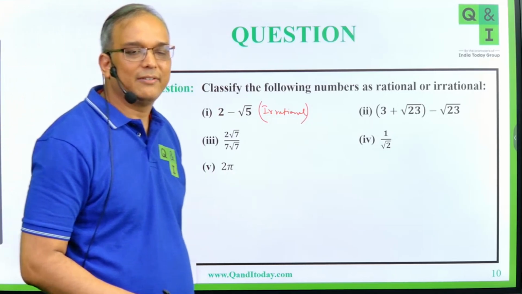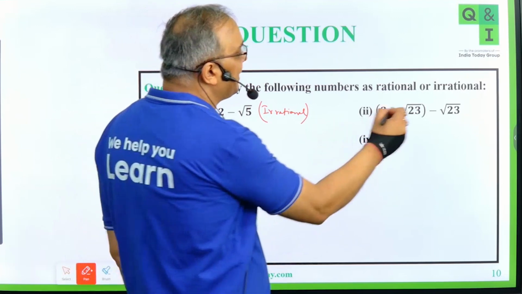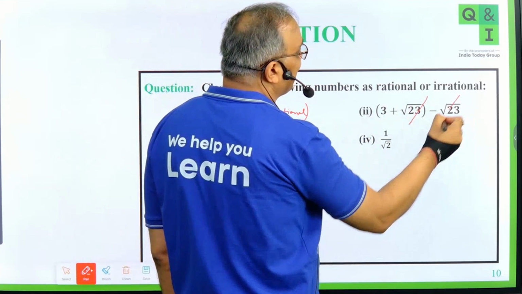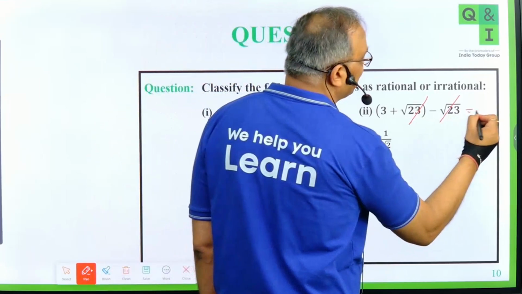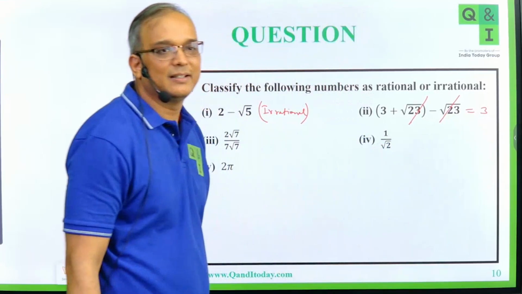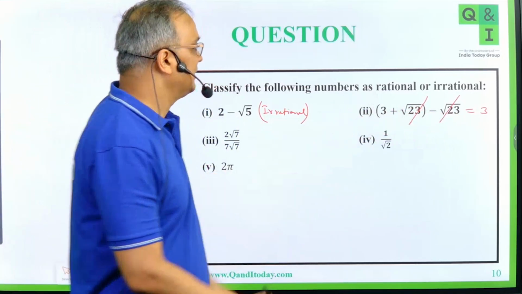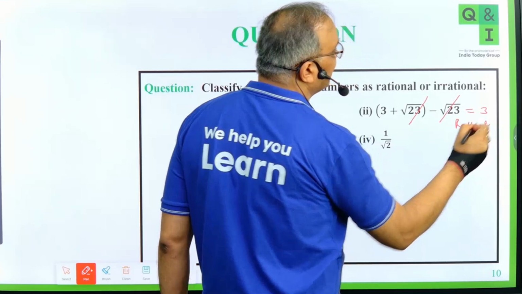What about the second one? 3 plus root 23 minus root 23: plus root 23 and minus root 23 get cancelled when you open the bracket. So this is going to be equal to 3, right? Since it is equal to 3, this is a rational number and not irrational.